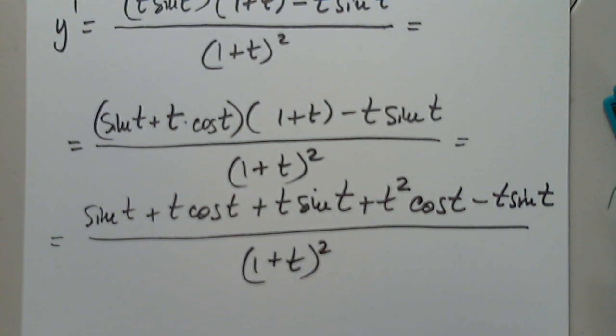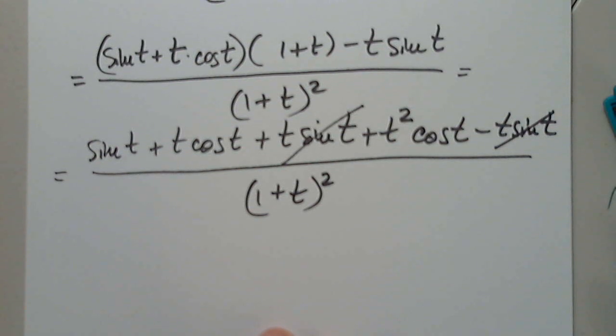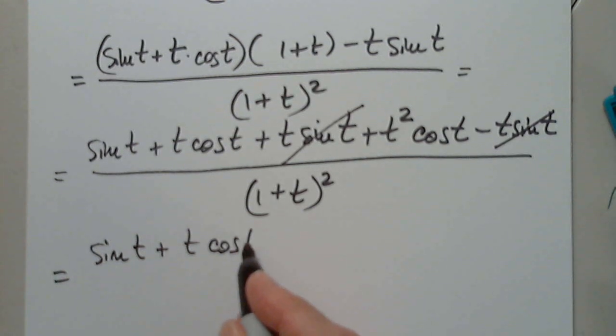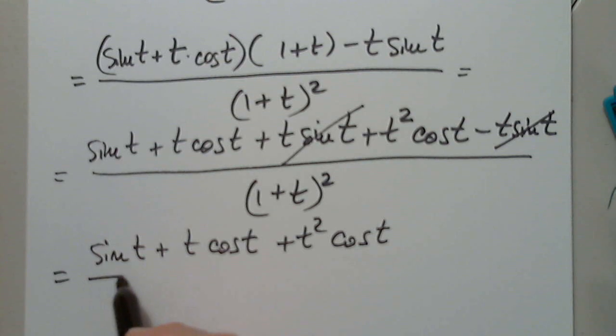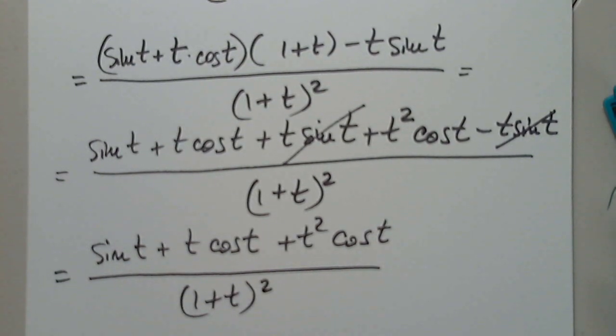And I'm happy that at least 2 terms go away. And there is nothing else. I will rewrite it and leave it alone. Sine t plus t cosine t plus t squared cosine t over 1 plus t everything squared. And this is it. That's good enough.